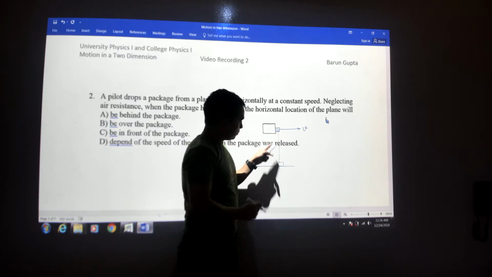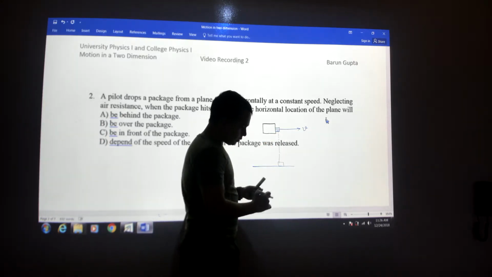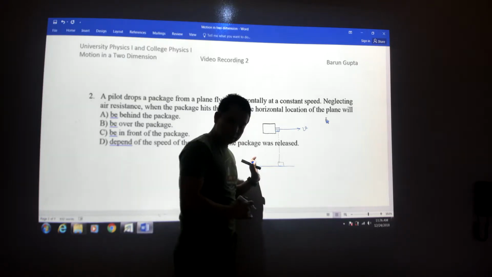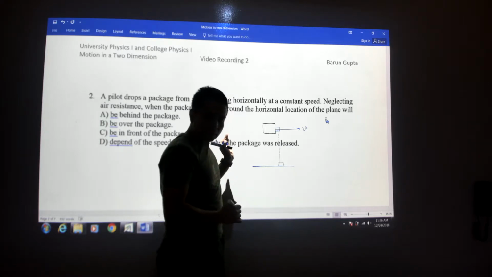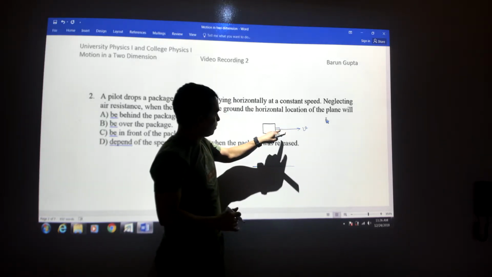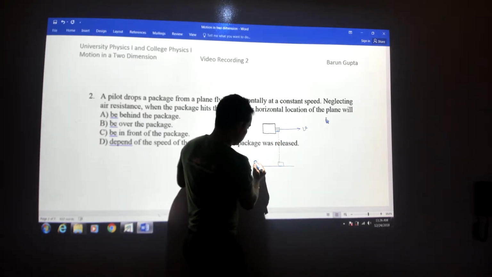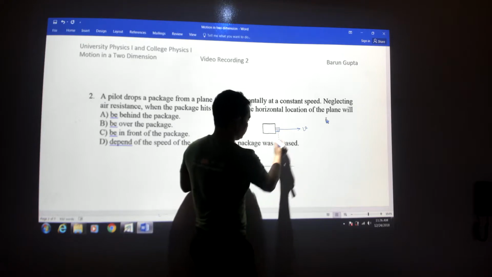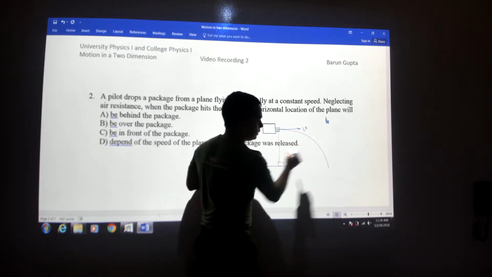Or in other words, if you would like to think about it, if a person is on the ground, both are moving in a parabolic path, the package will move in a parabolic path. So if a person is sitting here, to this person, it just looks like the package is moving this way.